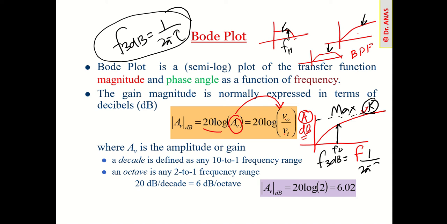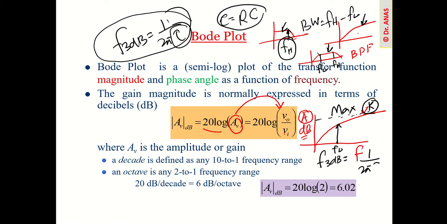If we combine them, this is F high, this is F low, so this is basically the band pass filter, and the difference of these is called the bandwidth, F high minus F low. To calculate these frequencies, it depends on the formula 1 over 2 pi tau. Tau is basically the time constant, which is usually the product of R and C.